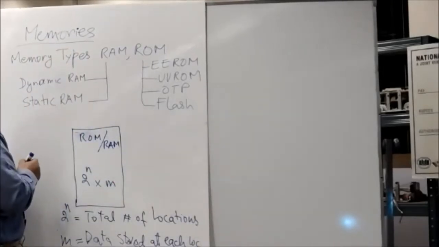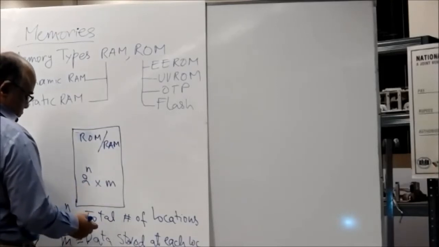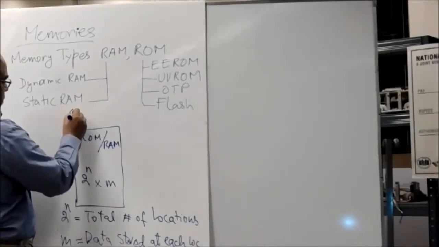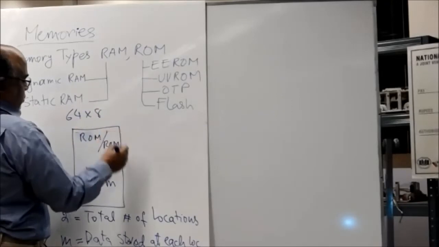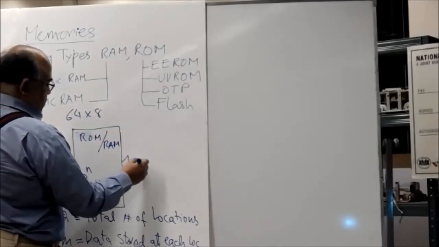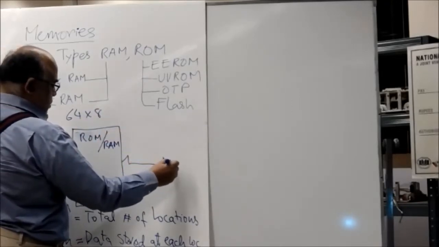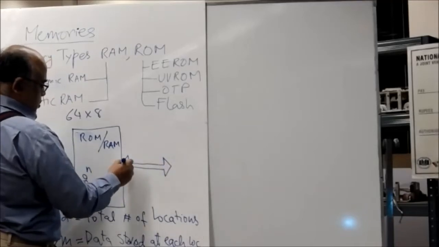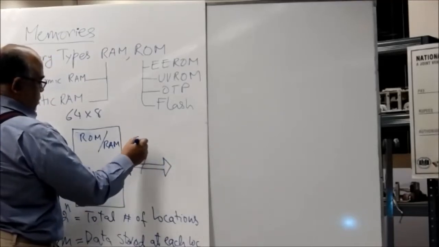Multiply by 8 means 64K multiplied by 8 gives you an 8-bit data bus.